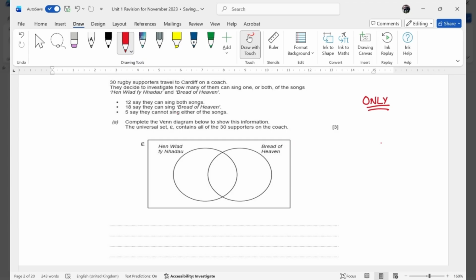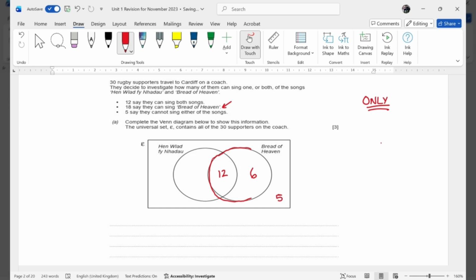So 12 say they can sing both songs. That's easy. 18 say they can sing Bread of Heaven. Not only, there's no only in that, okay? So that 18 is everyone in that circle, including the 12 I've already put in. So there's only 6 there, making 18 in that circle. 5 say they can't sing either song.